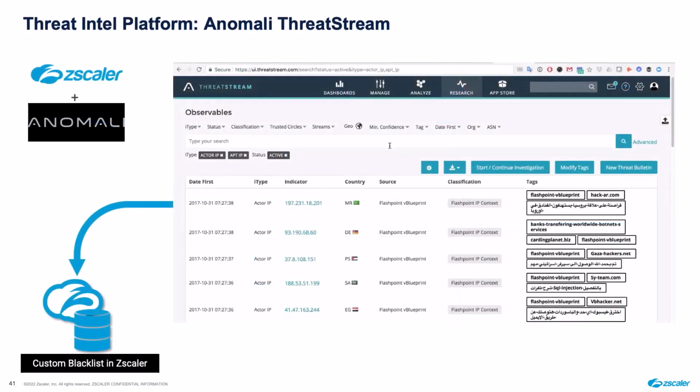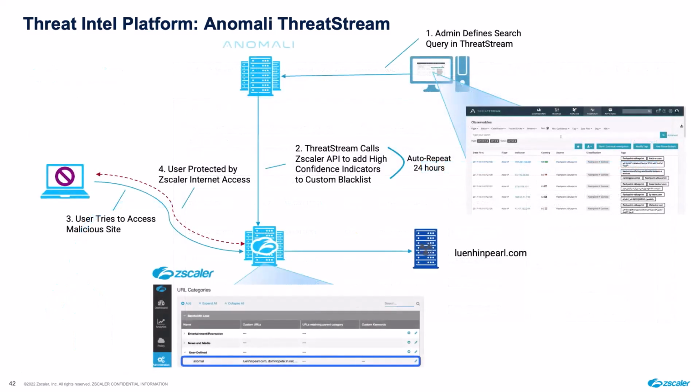Threat intelligence, again, is about being able to consume the information from your threat streams, create custom block lists, and push those block lists across to Zscaler so that Zscaler can block those transactions should we see them. With Anomali ThreatStream, the administrator has their threat stream interface. They identify traffic that is nefarious, and they make an API call to have high confidence that a URL should be blocked.